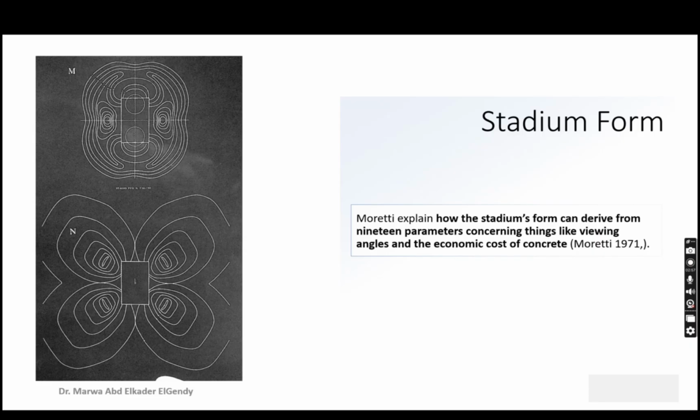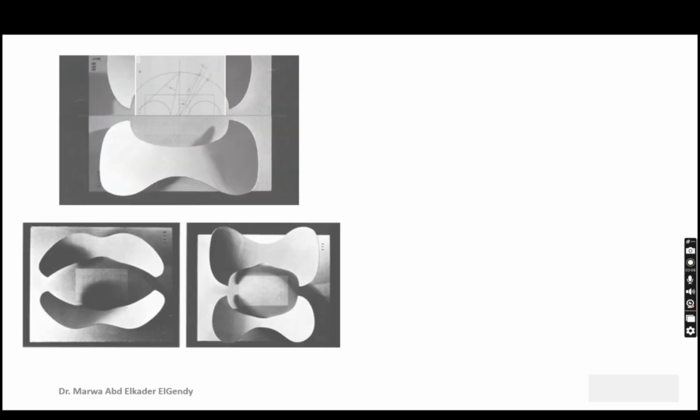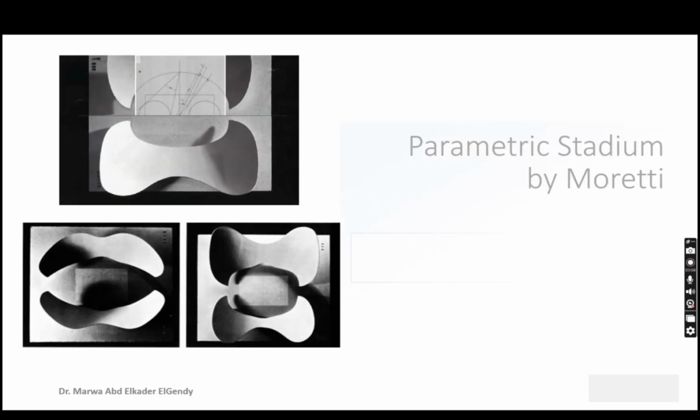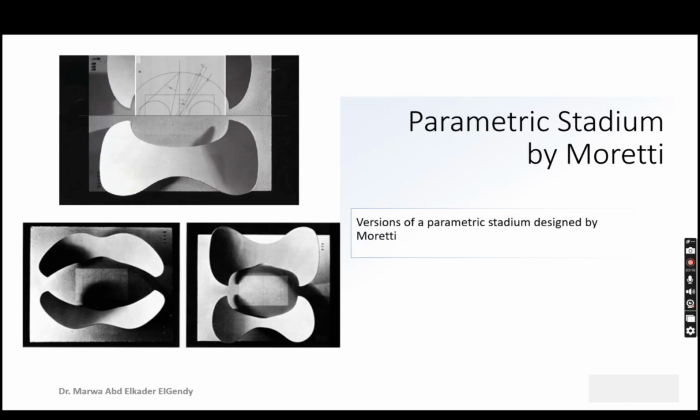The 19 parameters change the final result of the form of the stadium. And the second one is the N design. These are different views for the versions of the stadium, when he used the first angle and the big angle in the other photo.